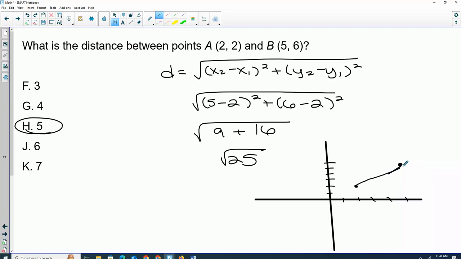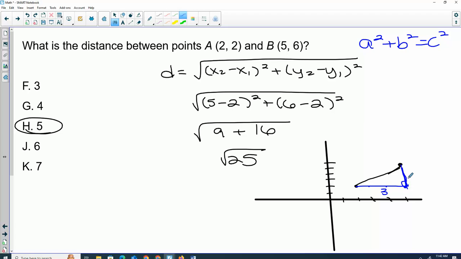I can't just look at this and count, but we could turn it into a triangle. If there's nothing else you remember about right triangles, you should remember a squared plus b squared equals c squared. So if I drew this triangle, how far is it to get from here to here? 1, 2, 3. I think it's 3. My line was crooked. So that's a distance of 3.